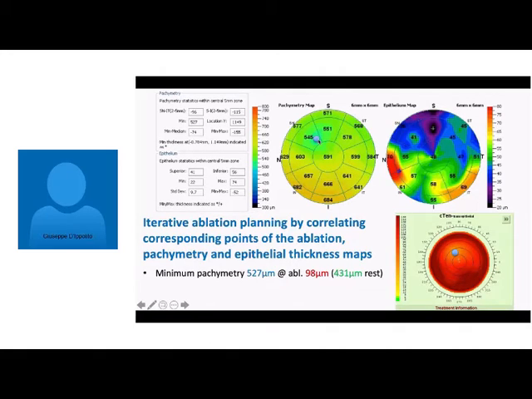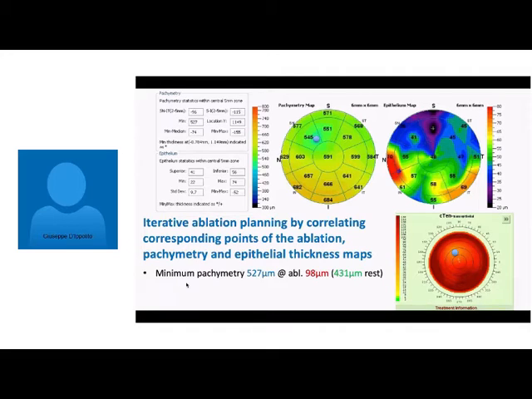We looked at the coordinates, and it coincided with our ablation depth of 98 microns in our current plan. And that gave us 431 residual, which was satisfactory. We thought this was good.